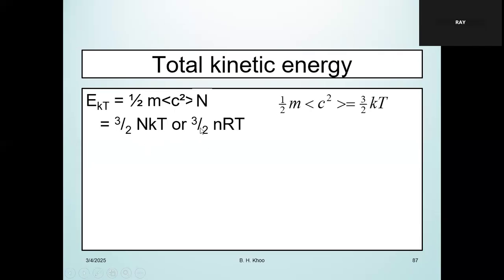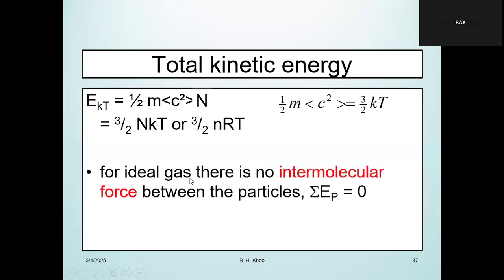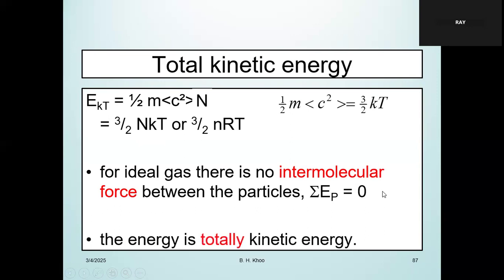We get NkT, or 3/2 nRT. For an ideal gas, there is no intermolecular force between the particles, so the sum of potential energy equals 0. Energy is totally kinetic.